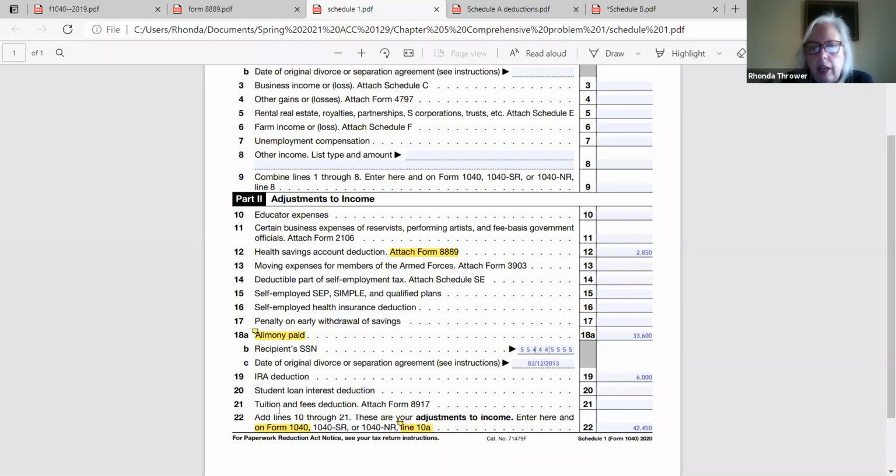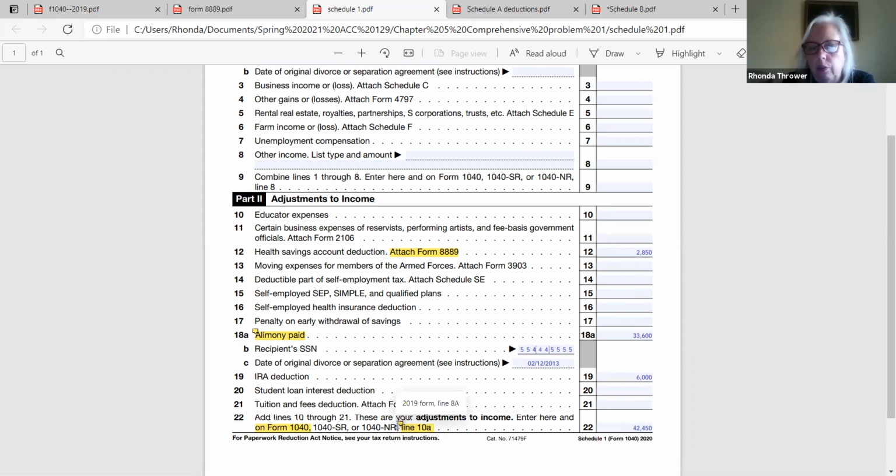So we didn't have any student loan interest. If we did, it would go here. Tuition or fees, we didn't have any of that. So we're going to add lines 10 through 21. We're going to combine all these together, and that's going to give us 42,450, which is going to be entered on Form 1040. Now this says line 10A because that's 2020 instructions, but I've given you here a message.